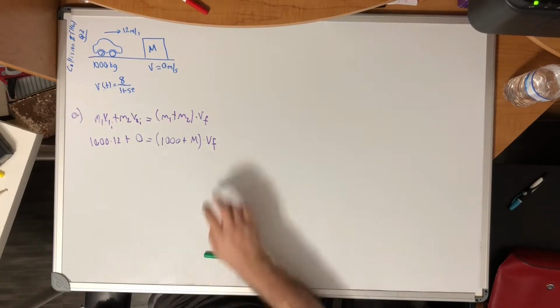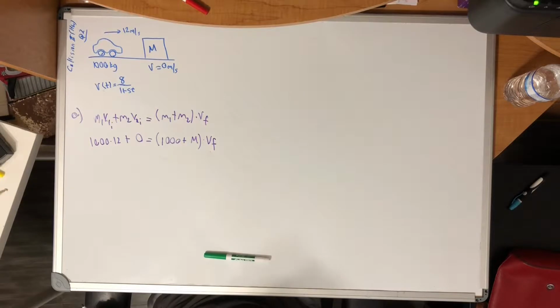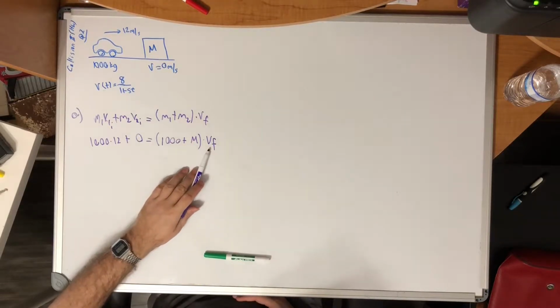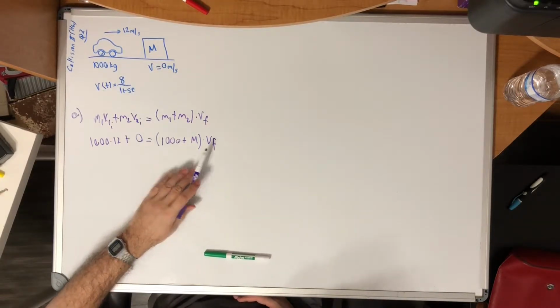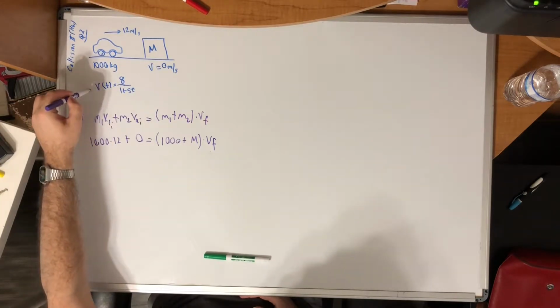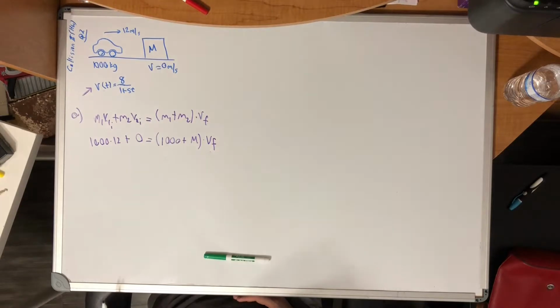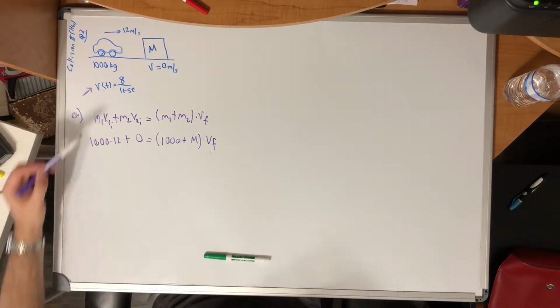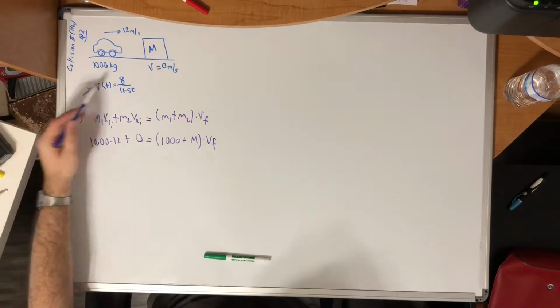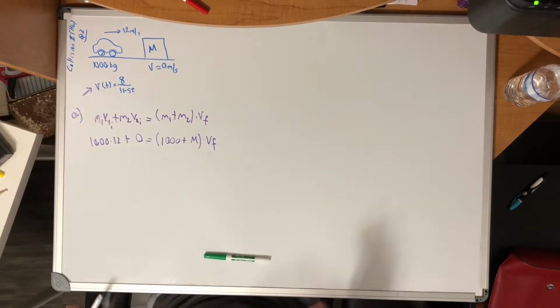Since we are trying to figure out this m, we should know the v final, technically. And we actually can figure this final velocity out, because this is a function of those two objects after they collide, and it gives us the velocity of those two objects at any time that we want.